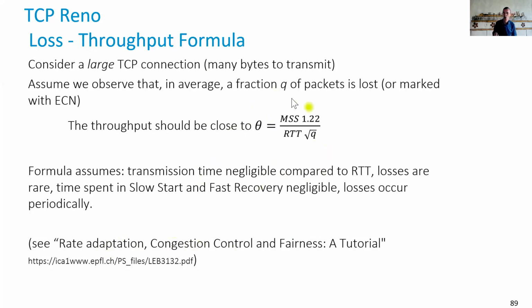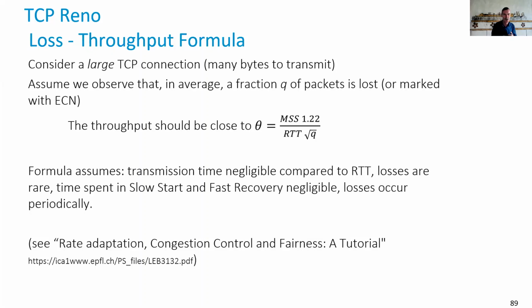So if we go beyond the analysis that we did in terms of utility fairness, we can see that the utility fairness thing allows us to cast the problem of computing the rate that a TCP connection will get as an optimization problem, which is doable in theory.